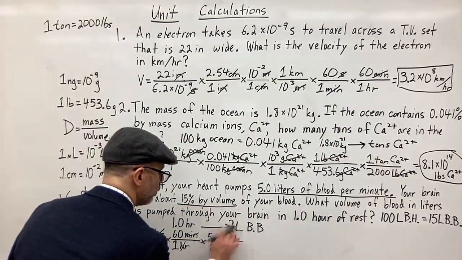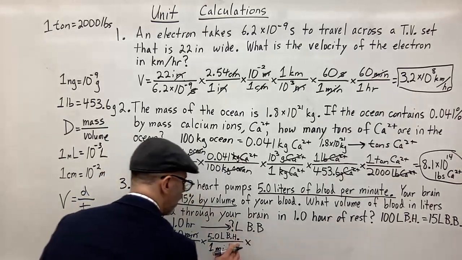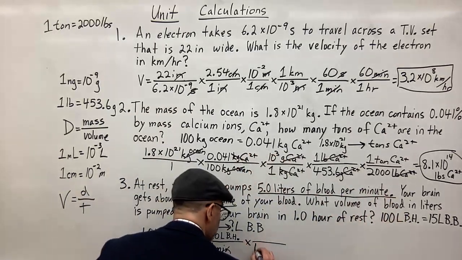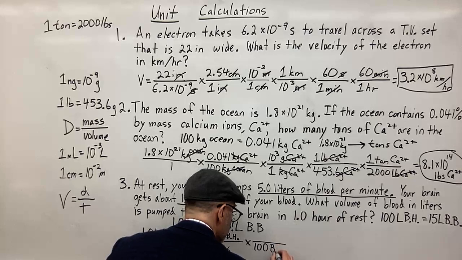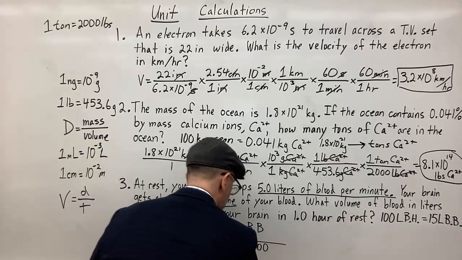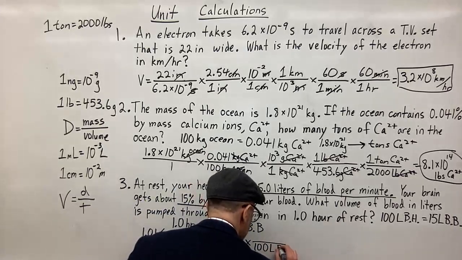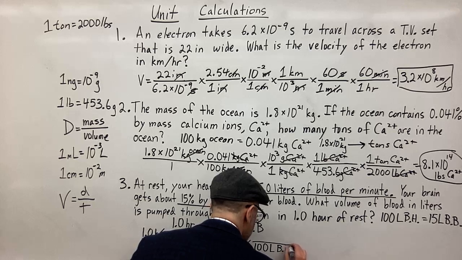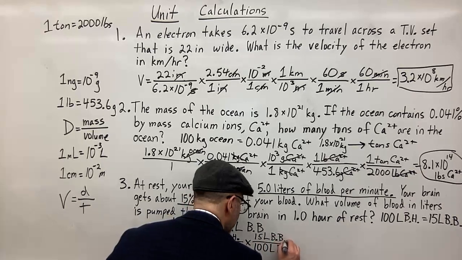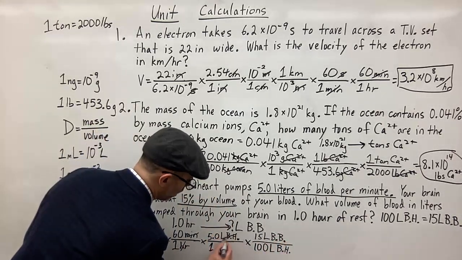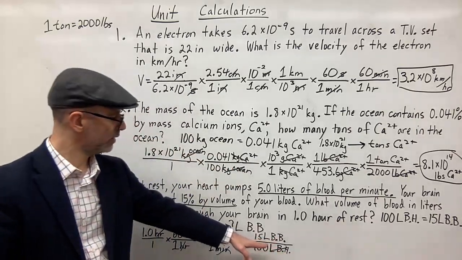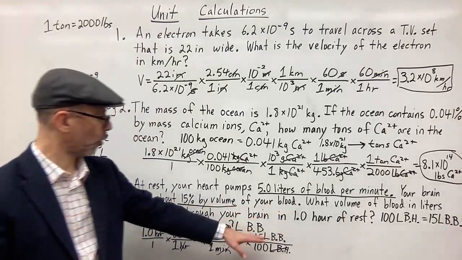So I have liters of blood to the heart on top here, so I'm going to put 100 liters of blood to the heart on the bottom, and 15 liters of blood to the brain on top. Now liters of blood to the heart cancels out. I have liters of blood to the brain. That's what they're asking for.